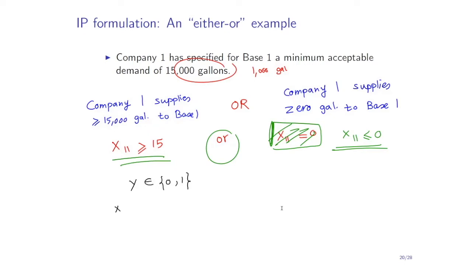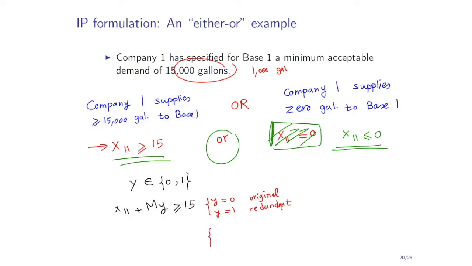Then instead of writing x11 greater than or equal 15, I write x11 plus a very, very big number times y is greater than or equal 15. Let me explain it again. If y is 0, it is the original constraint. If y is 1, it becomes redundant.